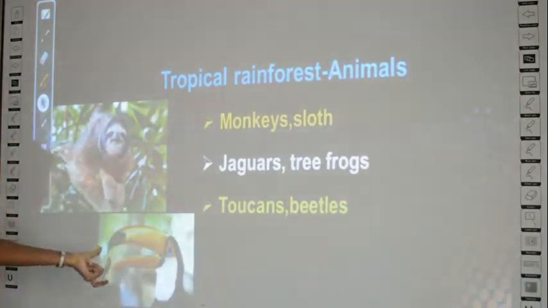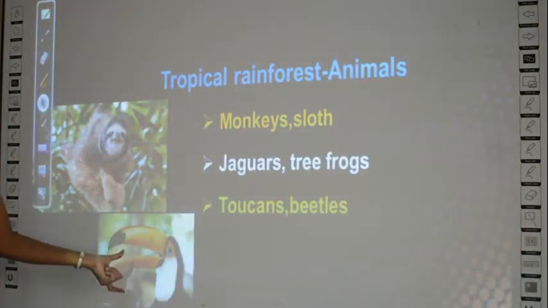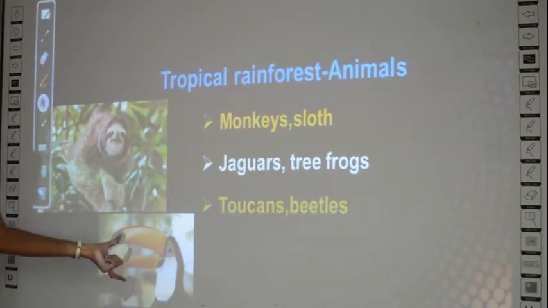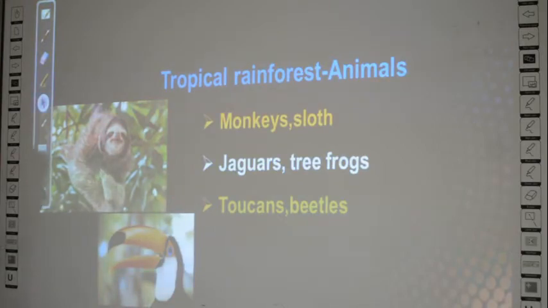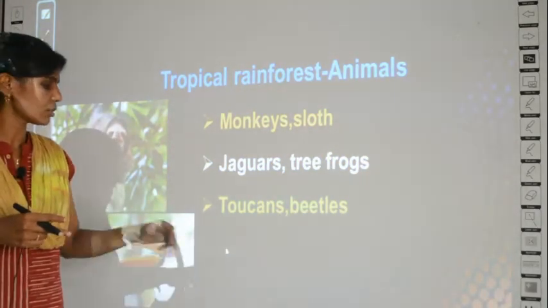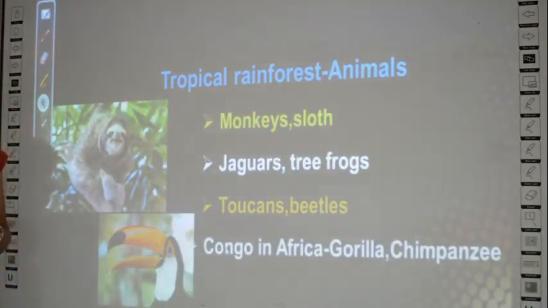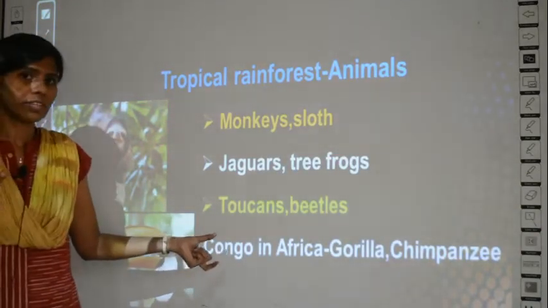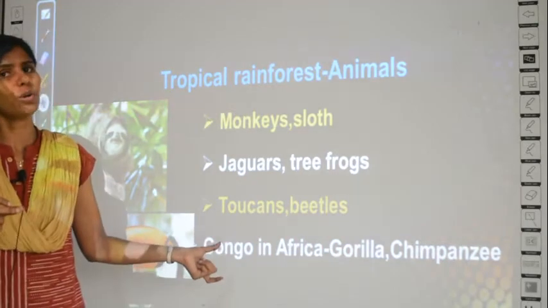This is toucan, it is a bird. You must have seen this in pictures, it is common, I think even in windows you can see toucans. So toucans and beetles are also common, and also you have tropical rainforest in Congo in Africa.